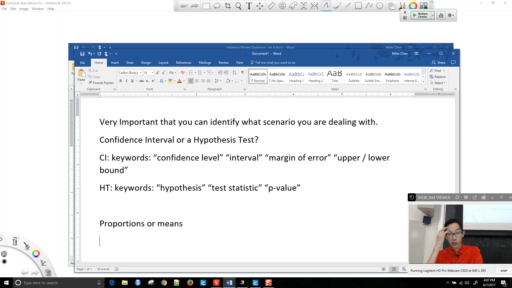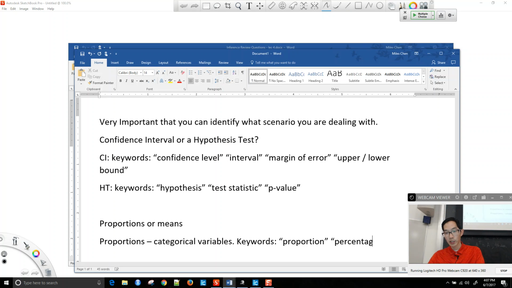Okay? So proportions, we have proportions. This is for categorical variables. So as you're reading the problem, if the variable that we're talking about is a categorical variable, that's going to be proportions. As far as proportions, you'll see keywords like proportion or percentage.